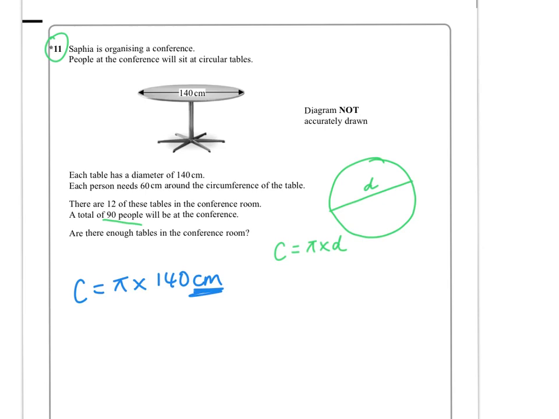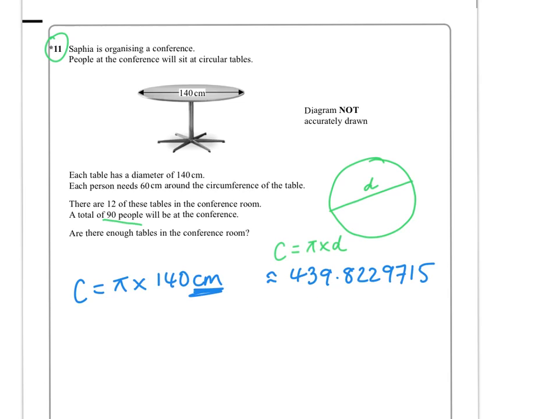We can use the pi button on the calculator, and we will get pi times 140, which will be approximately 439.8229715. I'm just writing down exactly what's on my calculator display. There's no harm in that at all. And that's for one table.